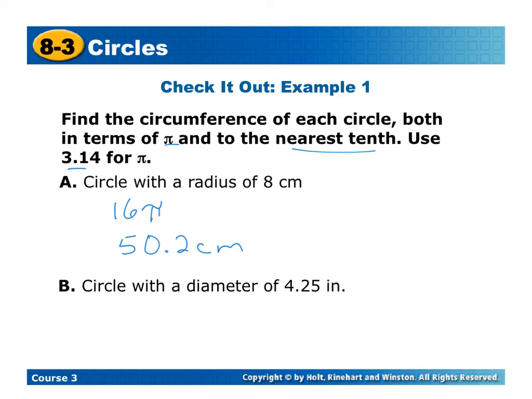A circle with diameter of 4.25 is going to become 4.25 times pi in terms of pi. If we use our approximation, it becomes 13.345 or just 13.3 inches.